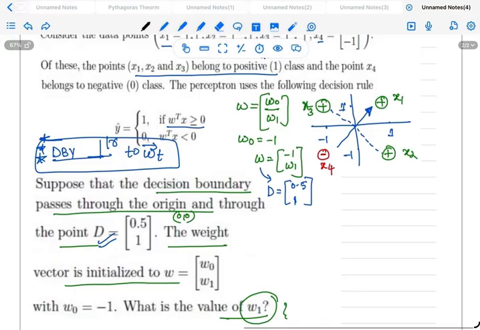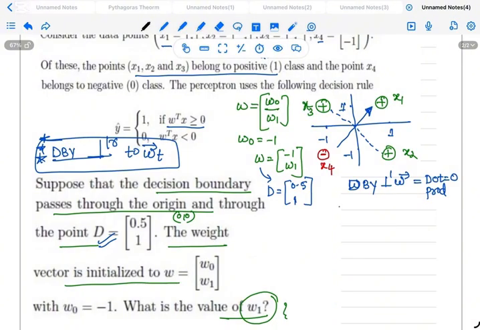So we know the decision boundary equation. The decision boundary is perpendicular to the weight vector W bar, and perpendicular means the dot product is 0.